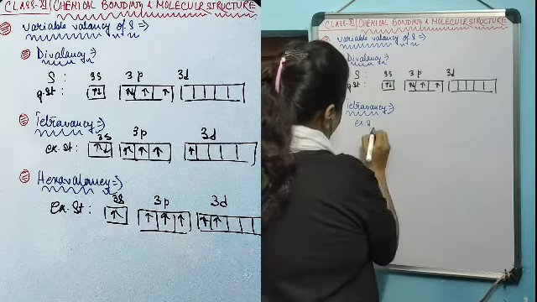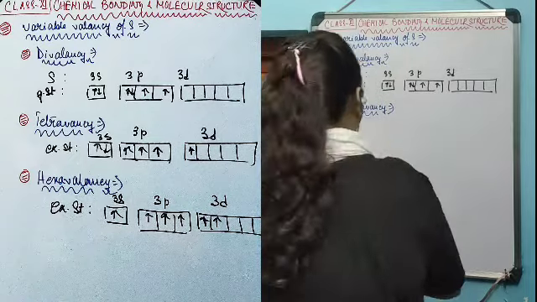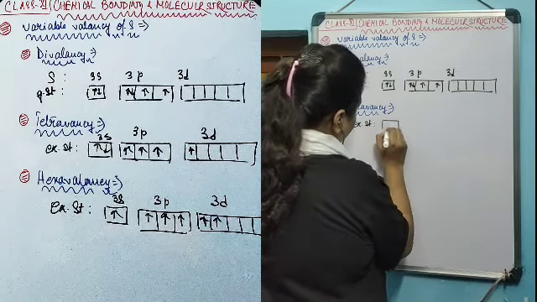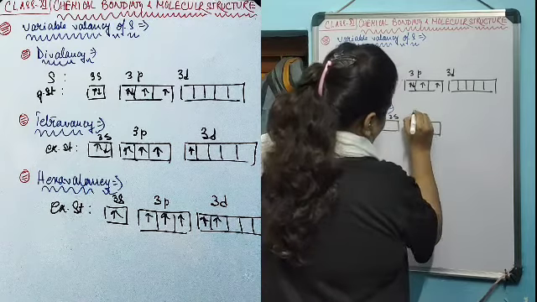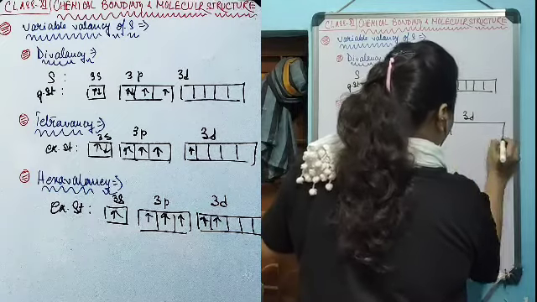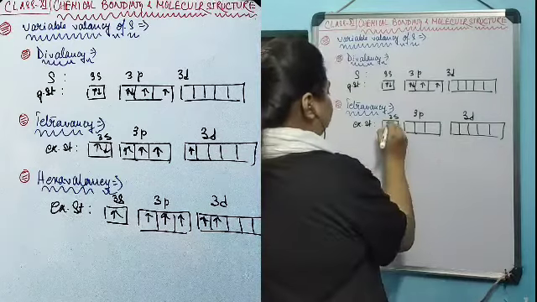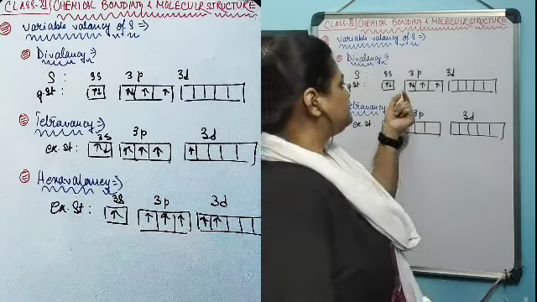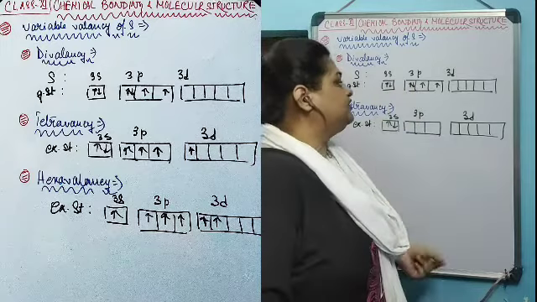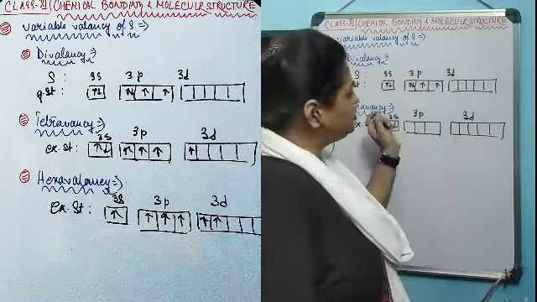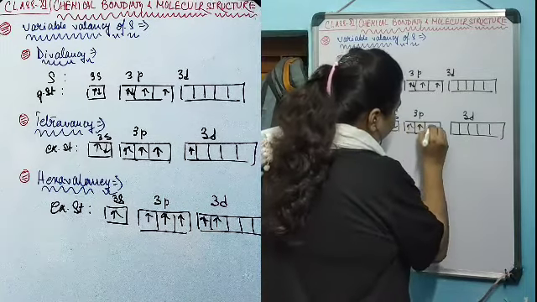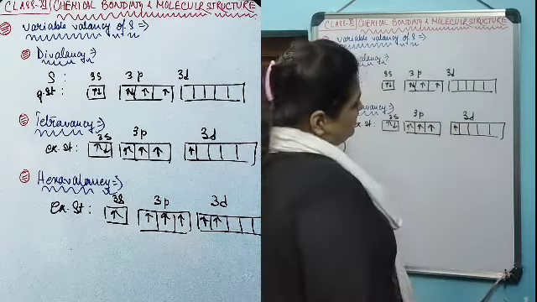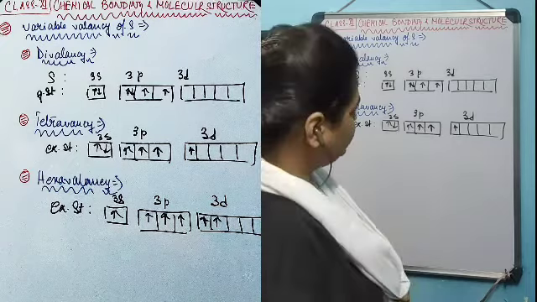This tetravalency of sulfur is produced in the first excited state of sulfur, in which one electron from the electron pair in the 3p orbital jumps into the 3d orbital, and as a result 3 unpaired electrons remain in the 3p orbital and one unpaired electron is in the 3d orbital.